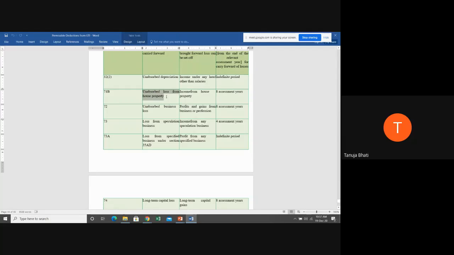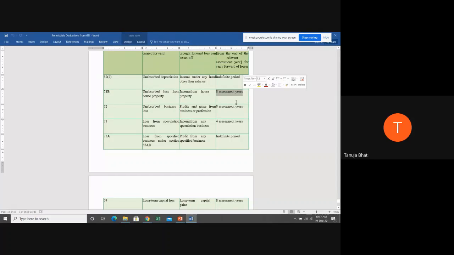Next, unabsorbed loss from house property. When I say unabsorbed, it means that because the profits were less, the loss couldn't be absorbed from that particular source or head. So unabsorbed loss is a loss which is not absorbed against the profit. Unabsorbed loss from house property can be carried forward for a period of 8 assessment years.